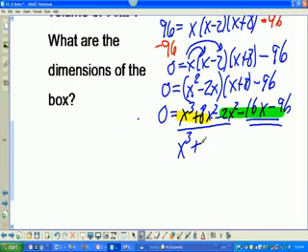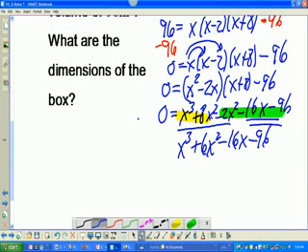So x cubed plus 6x squared, I didn't notice that I could have combined those, minus 16x minus 96. Now, let's take a look at the first two terms and the last two terms and see if I can do it a little bit better this time. So what goes into both of these?